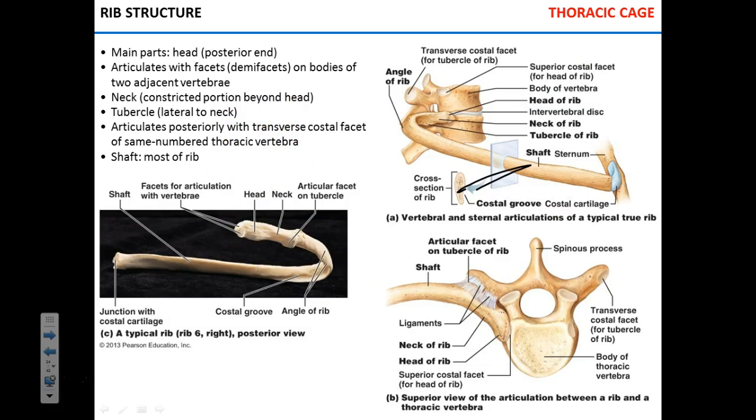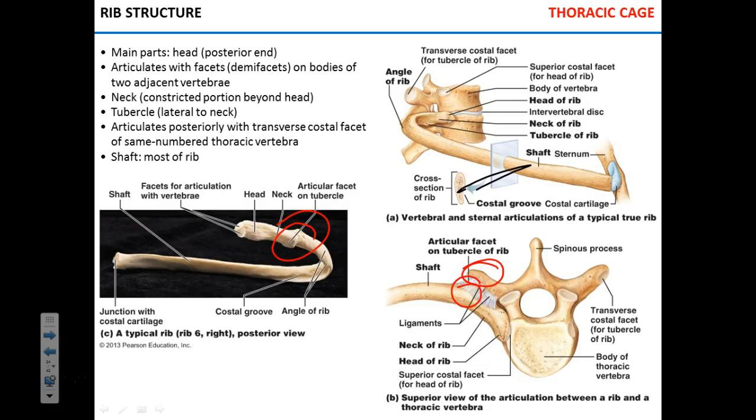Now if you look at the rib head, the larger portion of the rib articulates with the vertebrae. Then you can see that the head sits on the thinner part called the neck, and after the neck you can see a tubercle. Okay? So the tubercle articulates with the costal facet of the thoracic vertebrae.